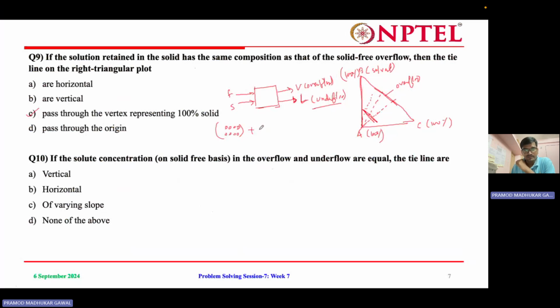When we use water, it forms tea. Some solute is extracted with the help of the water. That is called the tea, the overflow. Whatever amount remains in the solid is called the underflow.